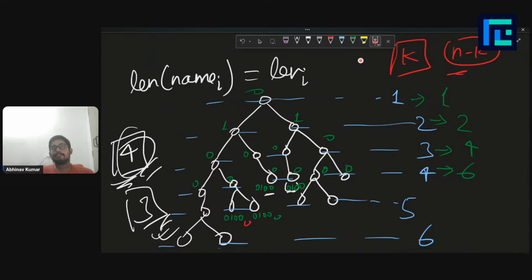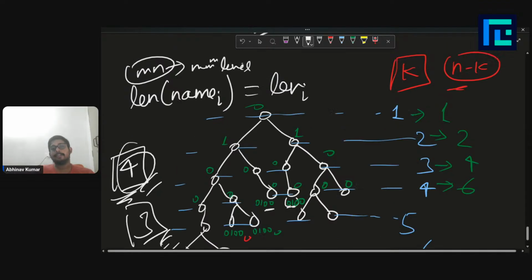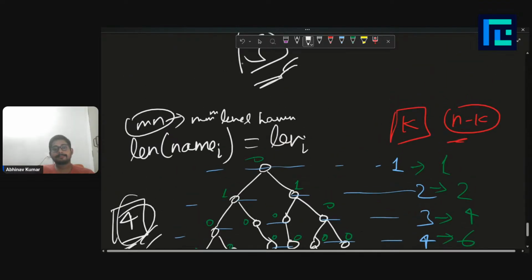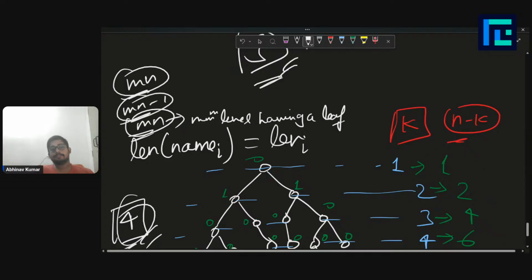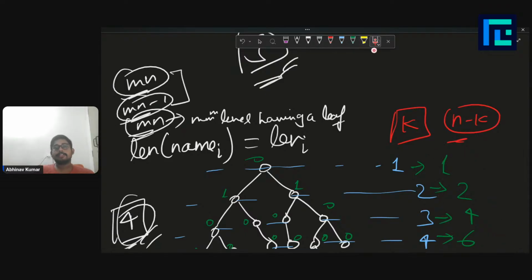So if I'm telling mn is the minimum level having a leaf, then your answer would be either mn if it is possible to do such an assignment, or mn minus 1 if it is not possible to do such an assignment. Only these two can be your answers.